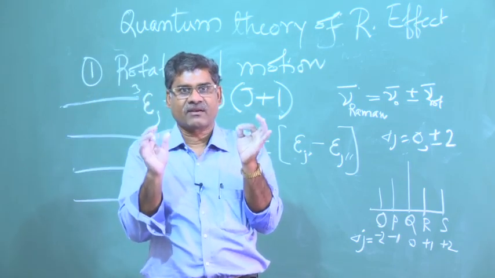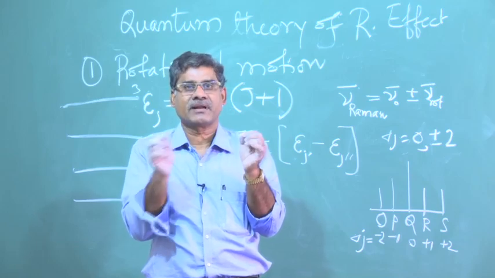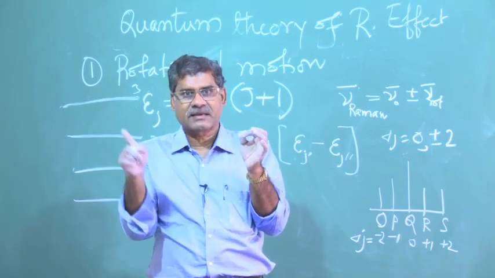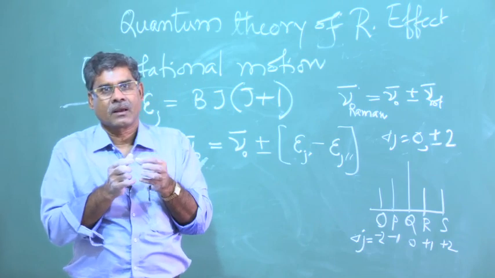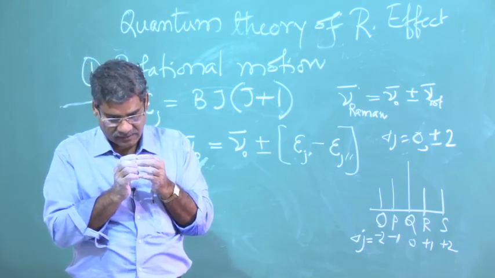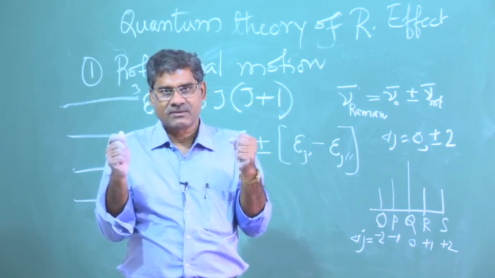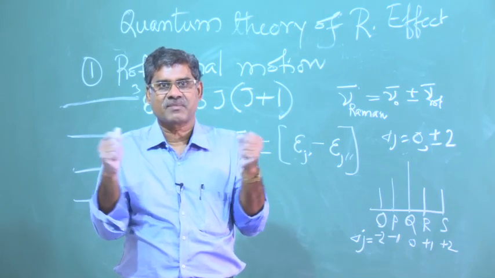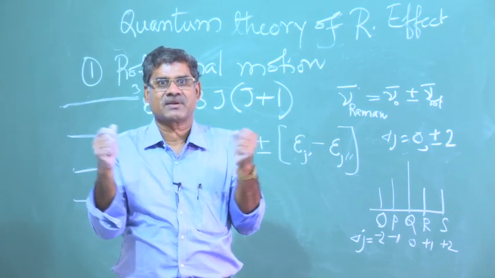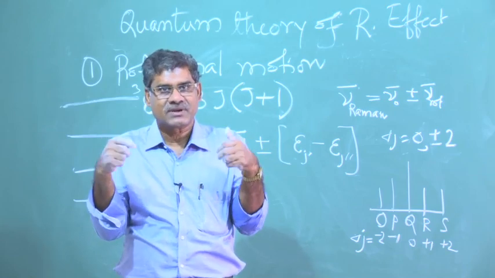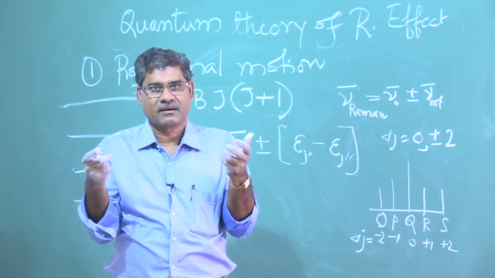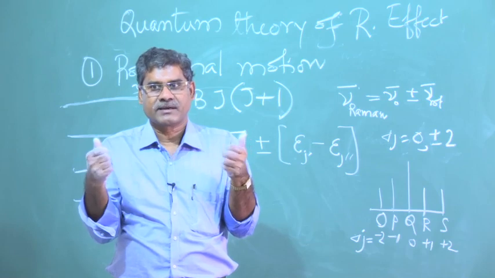So, if an electric field is applied in the direction of the bond axis, parallel to the bond axis, then it is easy to change the polarization, or the polarizability.